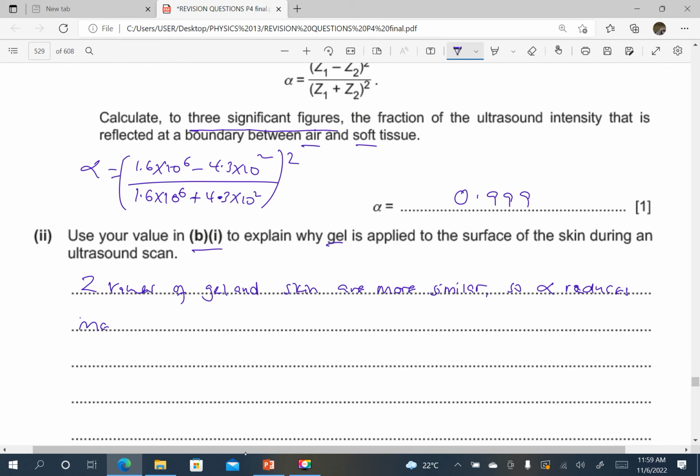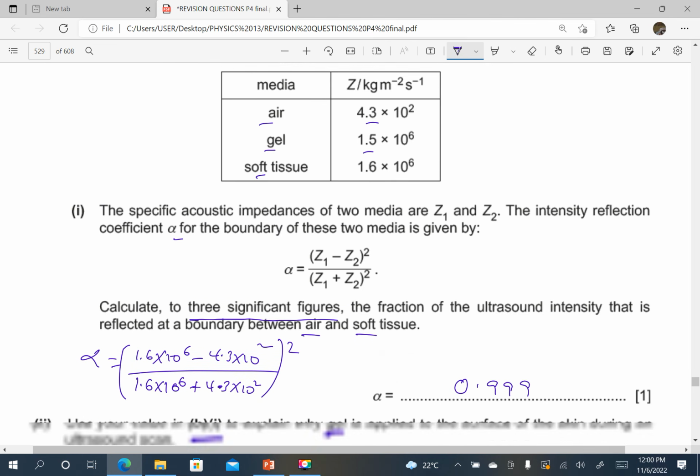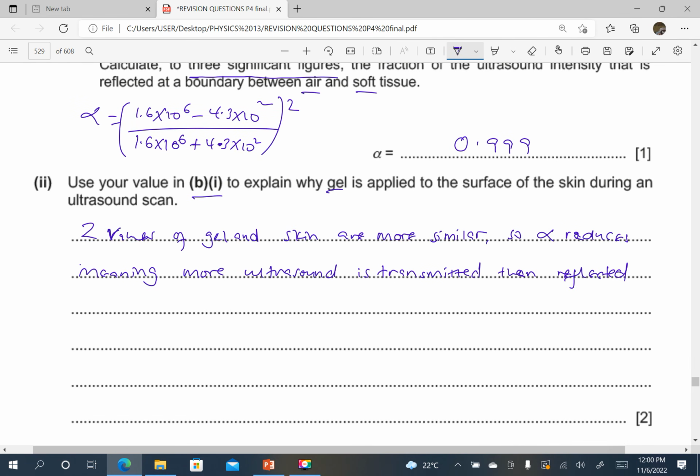Because the Z values are almost the same, Z for gel is 1.5, Z for soft tissue is 1.6, alpha becomes smaller.